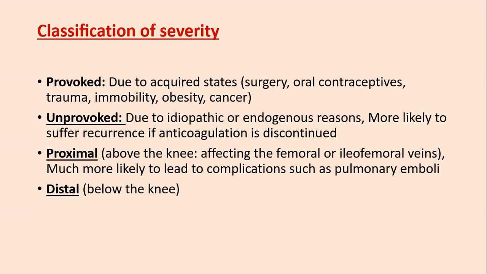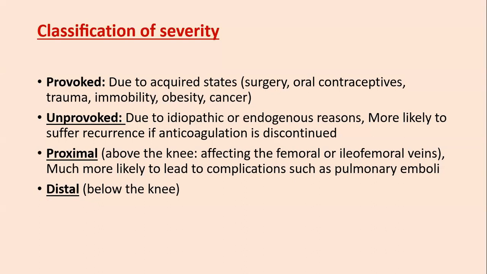Classification of severity. Provoked, due to acquired states like surgery, oral contraceptives, trauma, immobility, obesity, and cancer. Unprovoked, due to idiopathic or endogenous reasons, most likely to suffer recurrence if anticoagulant is discontinued.